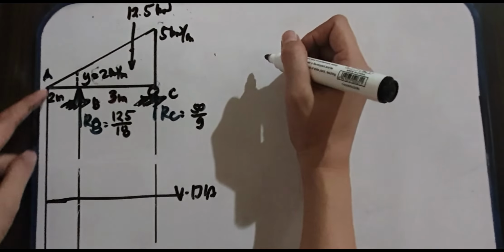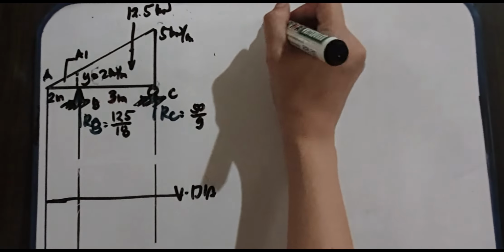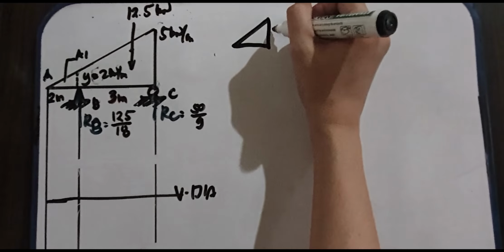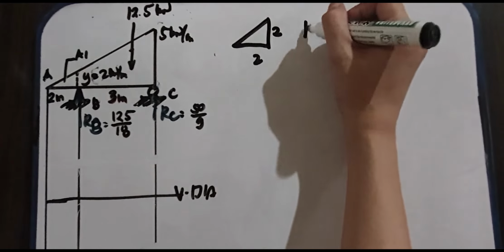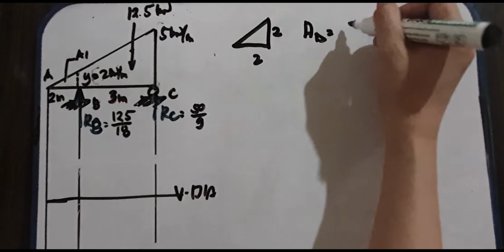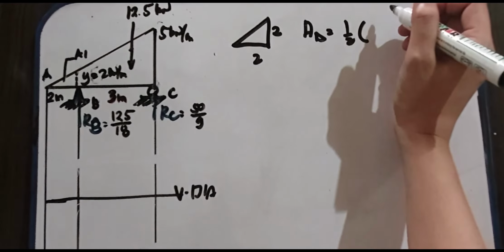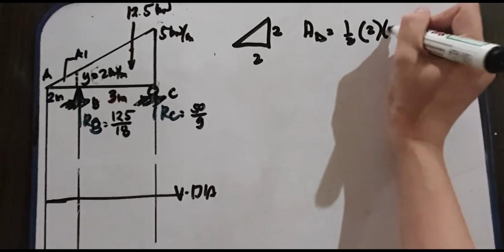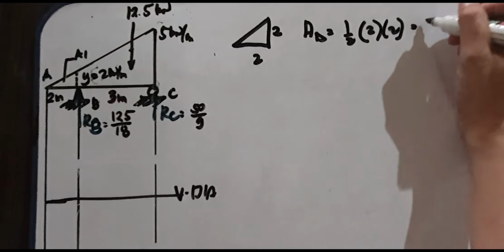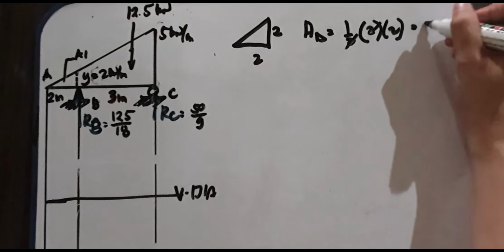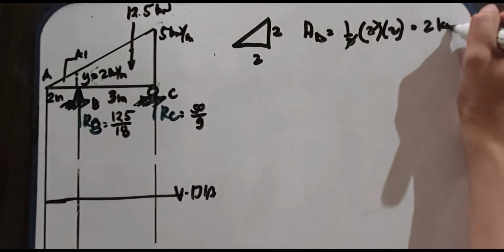Next, let's get the area of this. What is the area? As you can see, that is 1/2 base times height. This is 2, and this is 2. The area of the triangle is 1/2 times 2 times 2. So, we have 4 over 2, or roughly 2 kilonewton.